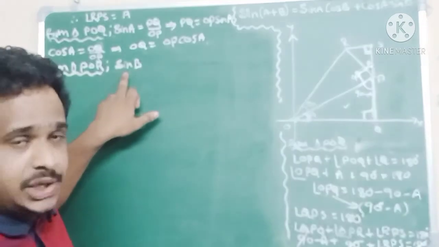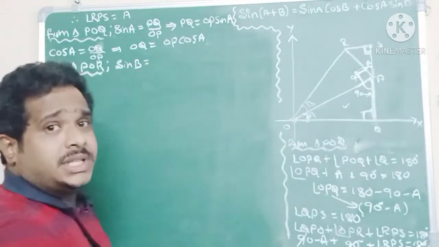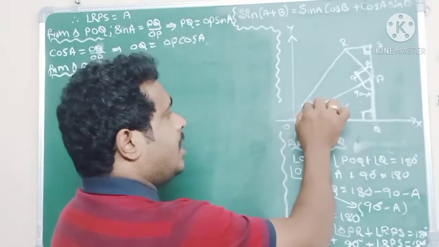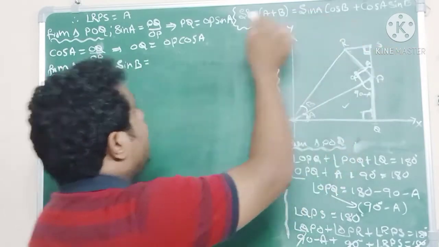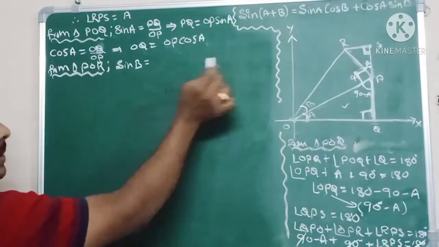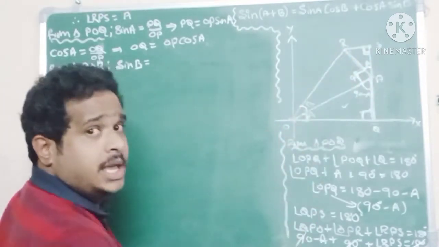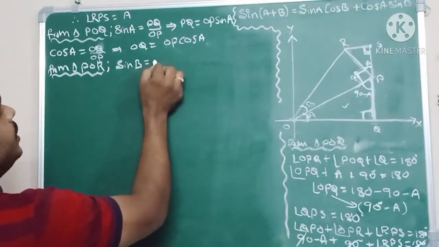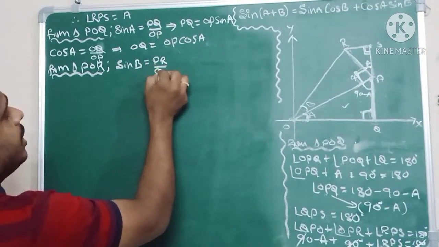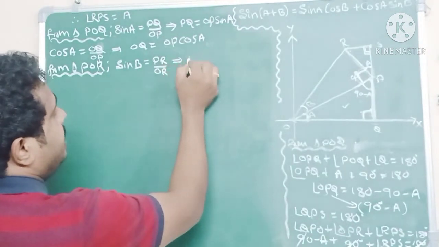Let me take the sin ratio, where B is acute. Sin ratio is the opposite side over the hypotenuse. What is the opposite side to B? PR. You see only triangle POR. PR over the hypotenuse. The hypotenuse is OR, which is opposite to the right angle. So PR by OR is the sin B ratio. From this, find the PR length.